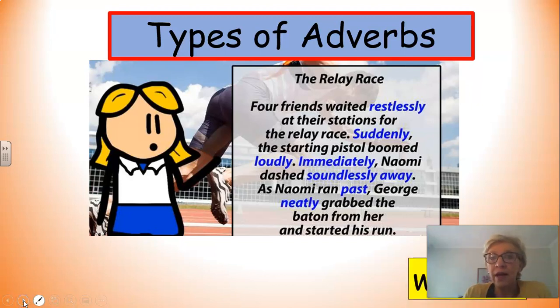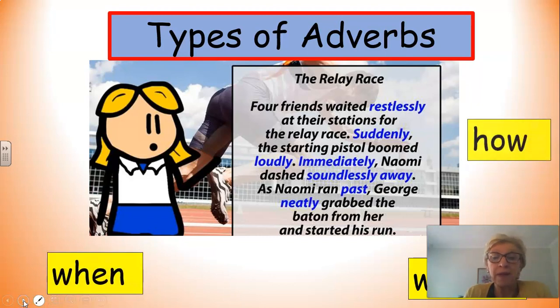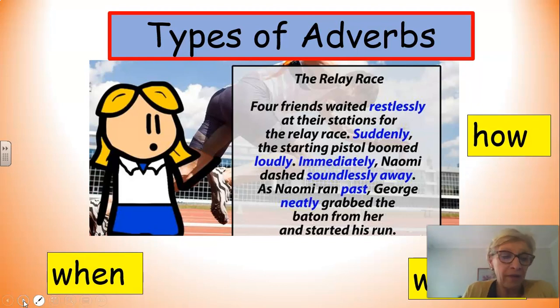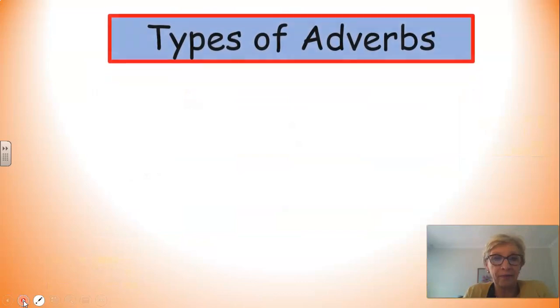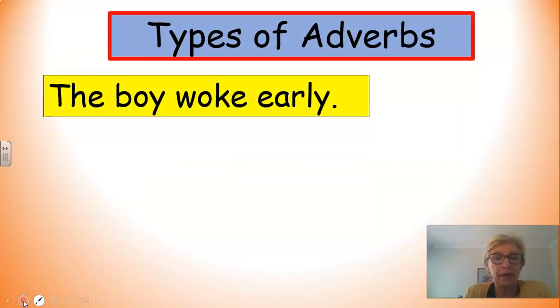So we have adverbs that tell us where something gets done. We have adverbs that tell us when something gets done. And we have adverbs telling us how something gets done. The boy woke early. What kind of an adverb is early? Well, what is it telling us about how the boy woke?